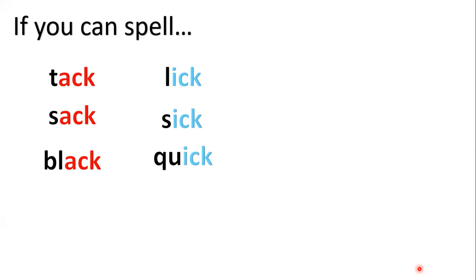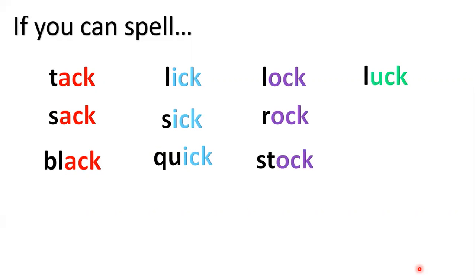Same thing with quick when you have that QU. Here we have lock. If you can spell lock, you can keep that OCK and spell rock, and stock. So you can even bump it up and do those blends. You can do digraphs, all those differences. If you have luck, you can spell that UCK sound. You can use that blend, pluck, and truck. Remember, TR makes that CH sound, but it's really TR, truck.